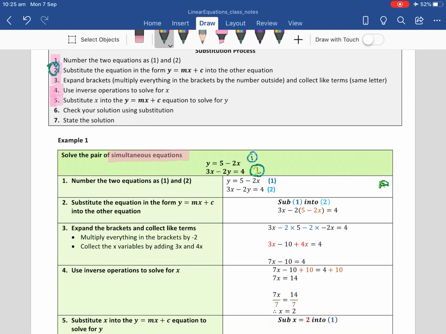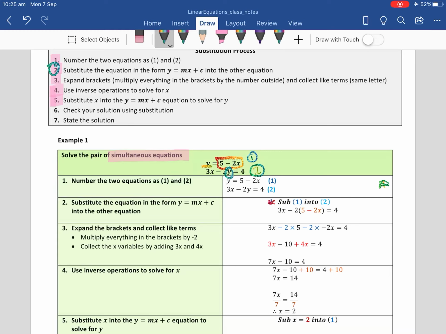For this one, we're subbing equation 1 into 2, because equation 1 says y equals 5 minus 2x. So in the second equation, we're going to put 5 minus 2x instead of the y, because that's what y equals from that equation.